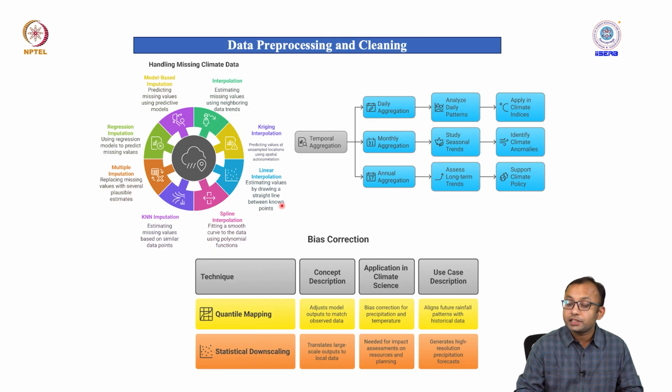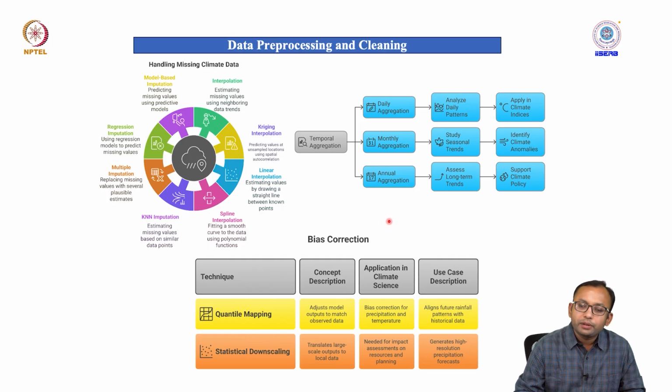Once it is done, for temporal aggregation we can aggregate the data on a daily, monthly and yearly or annual basis, and then analyze the patterns. For example, daily patterns, monthly patterns, seasonal analysis, or long term annual patterns, and then we can find out the overall behavior over time.